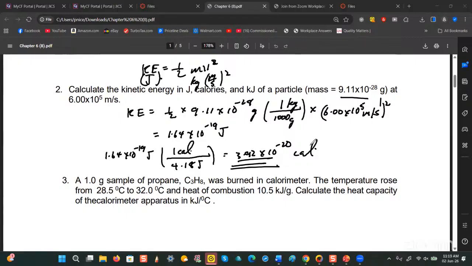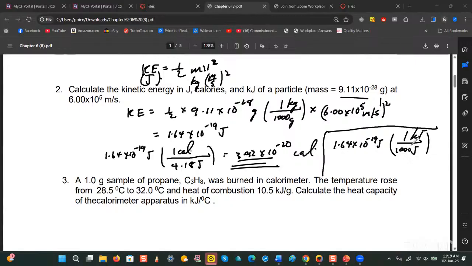The final part is asking for you to do a conversion from joules to kilojoules. Let me just put that in this box right here. So it's 1.64 times 10 to the minus 19 joules multiplied by, above I'm going to put 1 kilojoule, and below I'm going to put 1,000 joules.